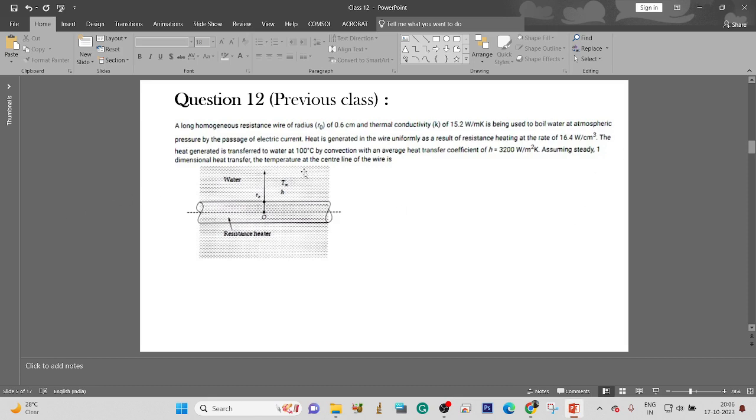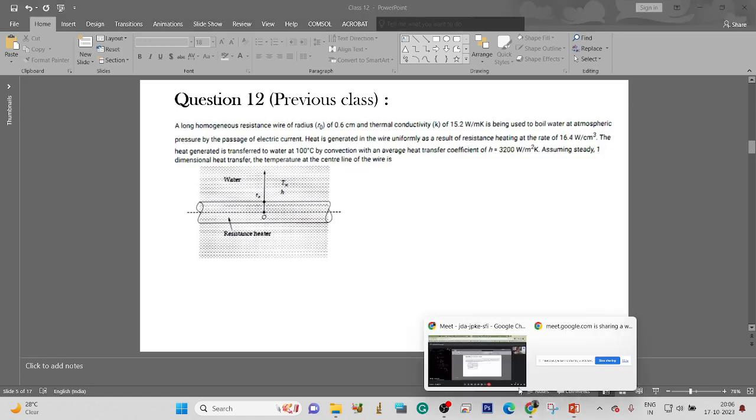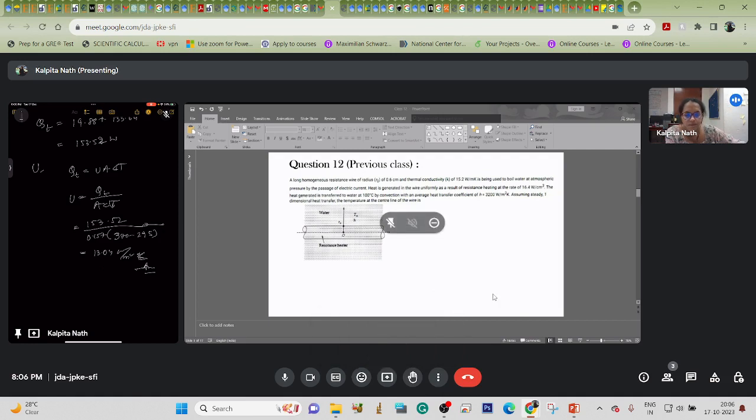The heat generated is transferred to the water at 100 degrees Celsius by convection with the average heat transfer coefficient given, assuming steady one-dimensional heat transfer. The temperature at the central line of the wire is what we need to find. So simply, electricity is passed and it is heating the wire, the heat generated per unit volume is given, the heat is transferred to water at 100 degrees Celsius, and the heat transfer coefficient is also given.